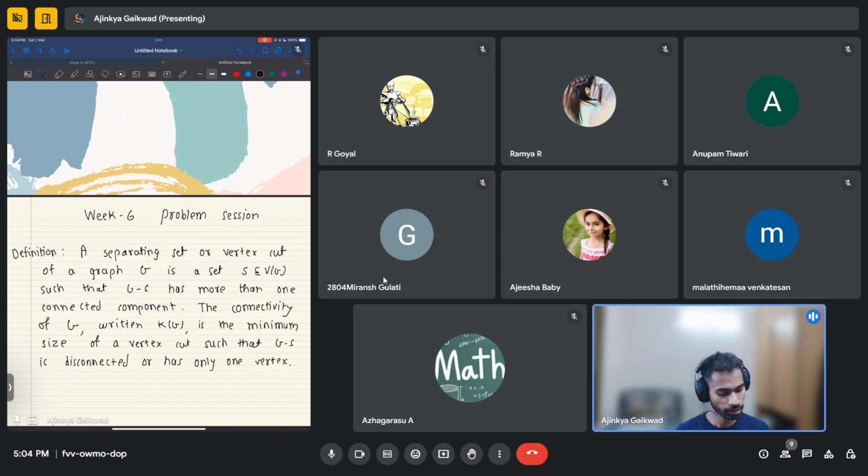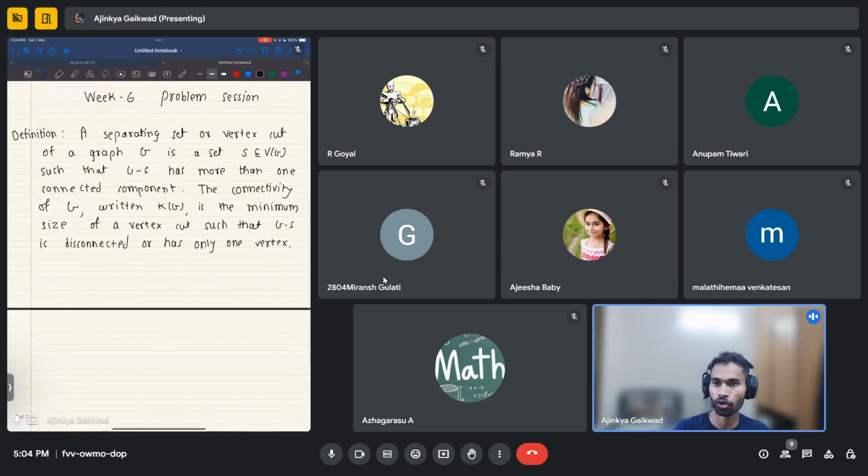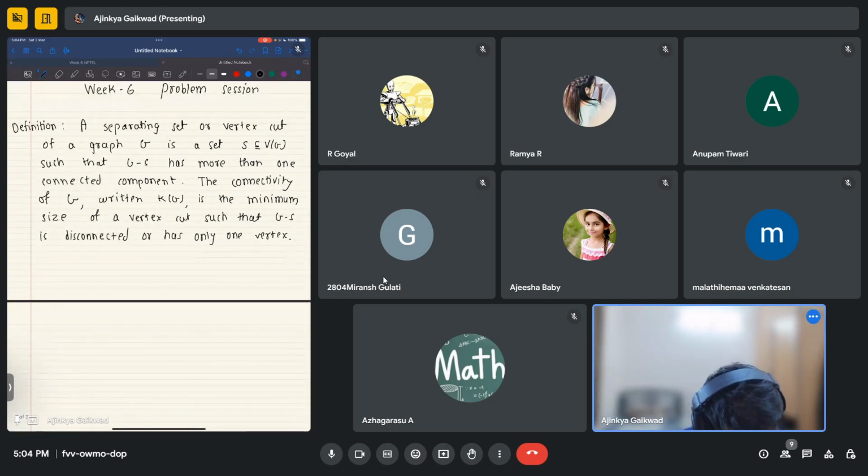Okay, so here is a very simple definition of a vertex cut. Let me give you an example and then it will be clear.